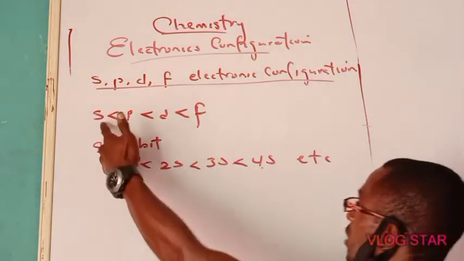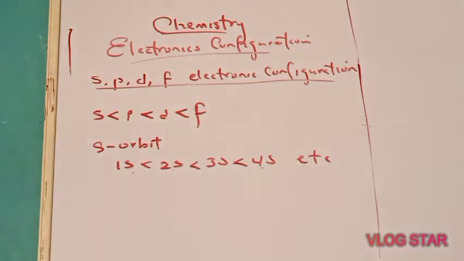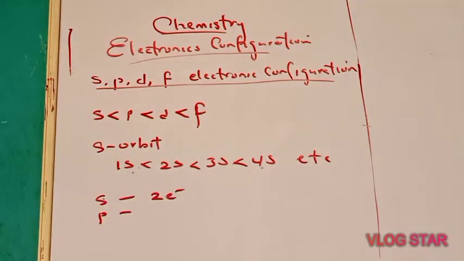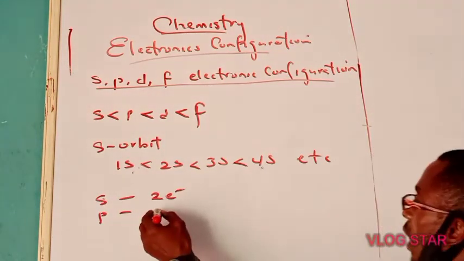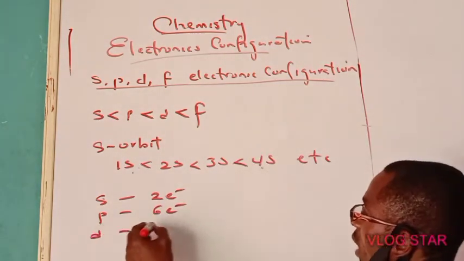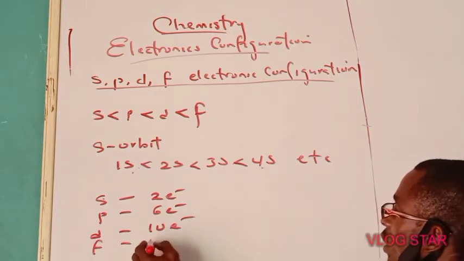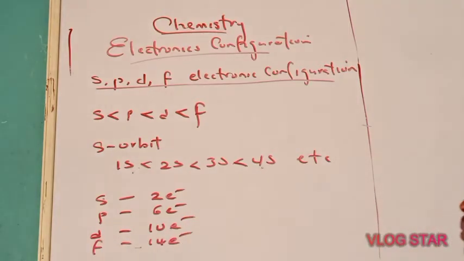We first fill up s before p before d before f. The maximum number of electrons the s orbit can take is 2. The p orbit can take 6 electrons maximum. The d orbit can take 10 electrons maximum, and the f orbit can take 14 electrons maximum.